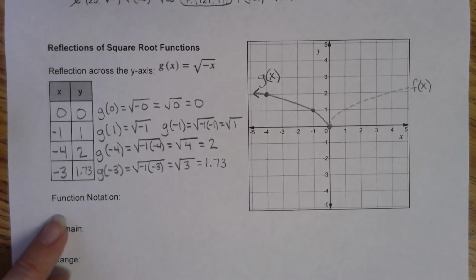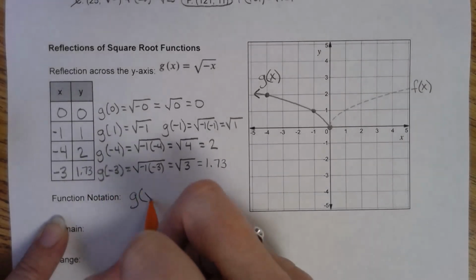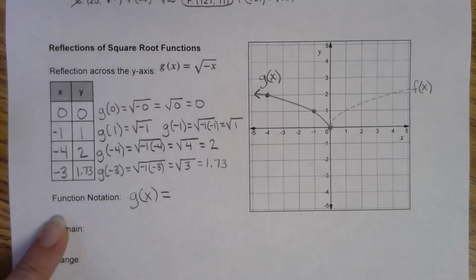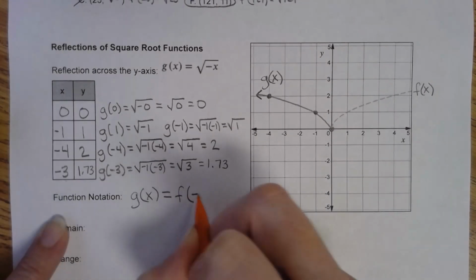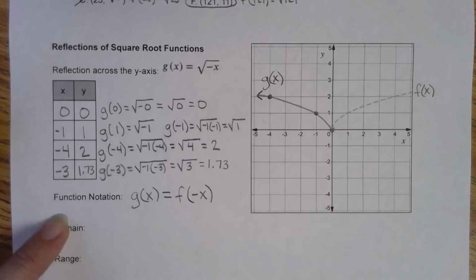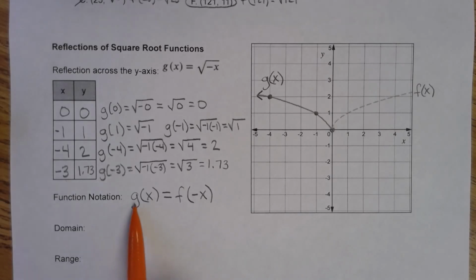We can write this in function notation as our function g of x equals the function f, and then we changed all of our x's to be opposite of what they originally were. So g of x is our parent function f, where we take the opposite of our x values. So this is a reflection across the y-axis.